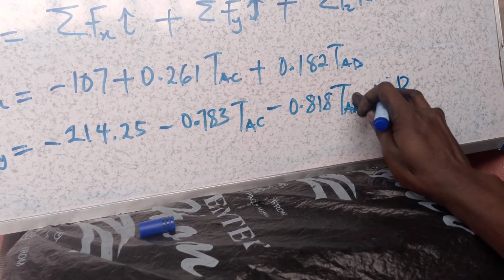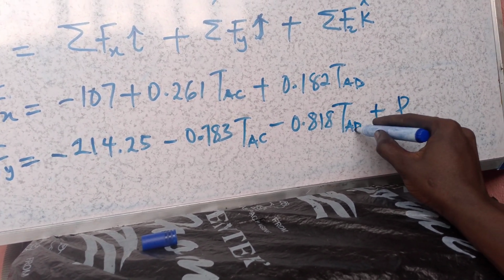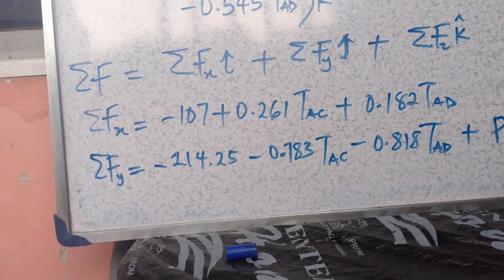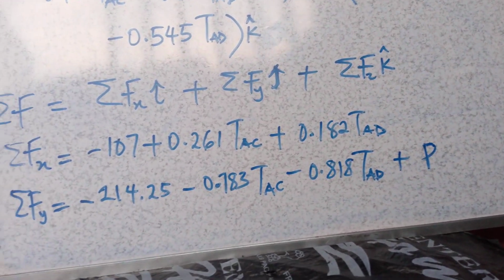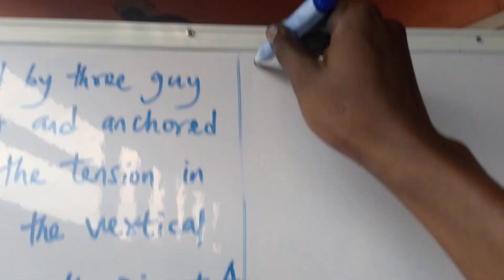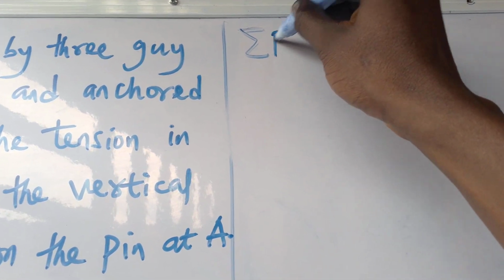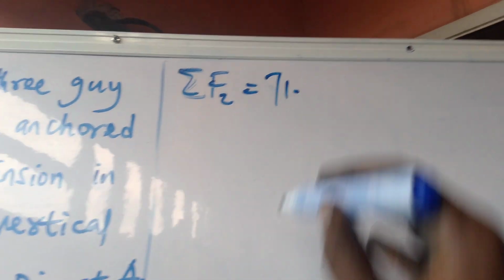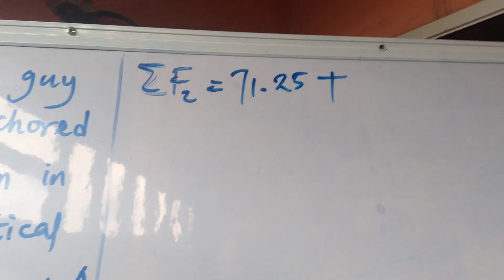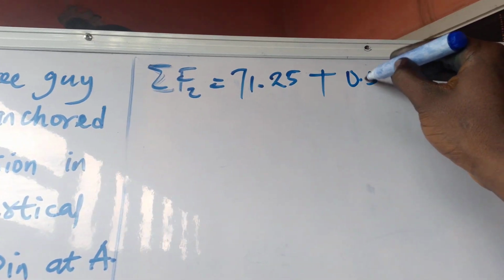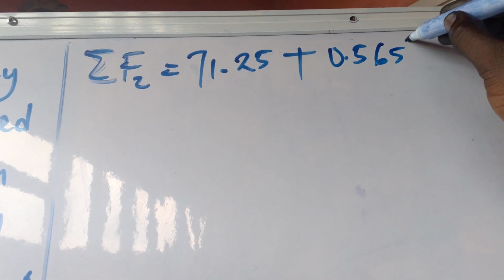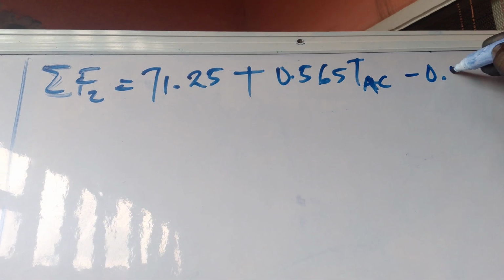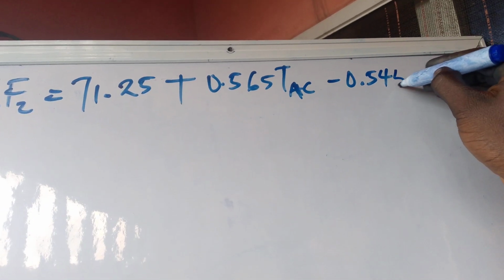Plus P. Alright. So sigma Fz will be equal to 71.25 plus 0.565 TAC minus 0.545 TAD.